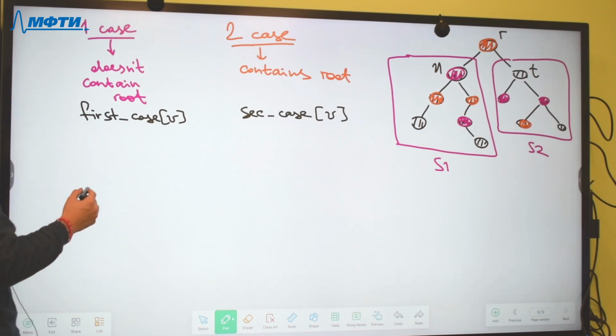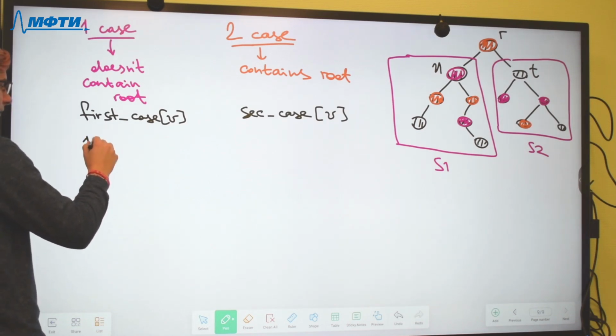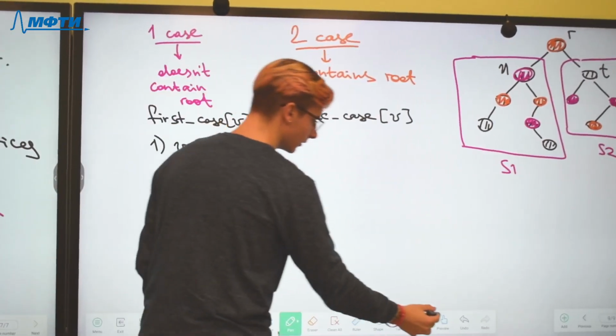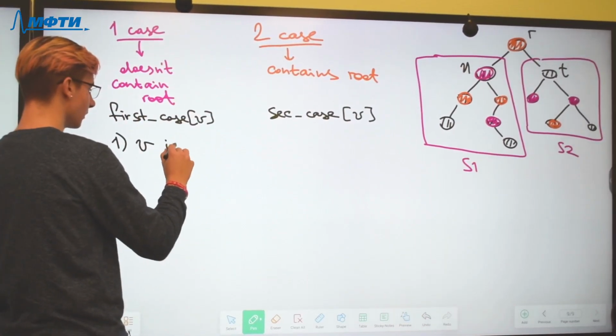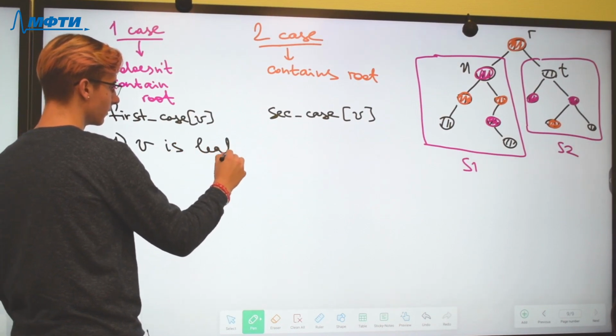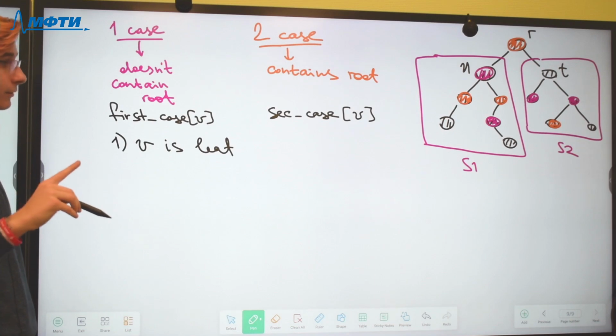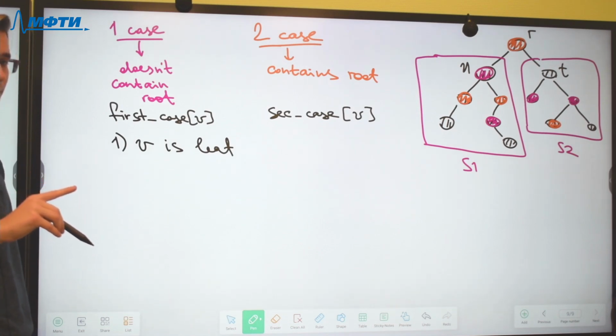So, firstly, if the vertex is a leaf, do you remember what it is? Yes, it doesn't have children.